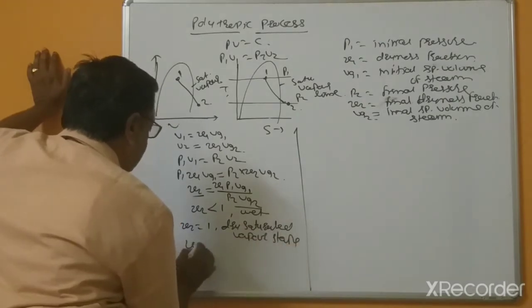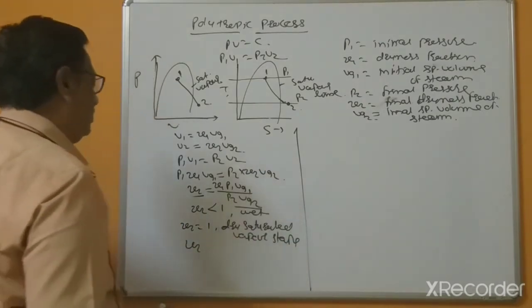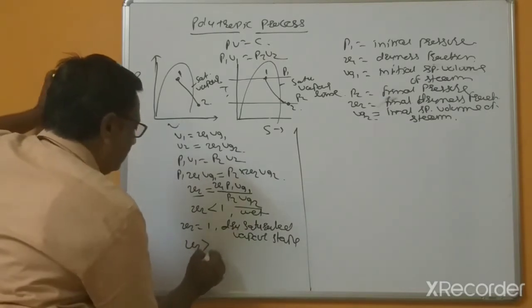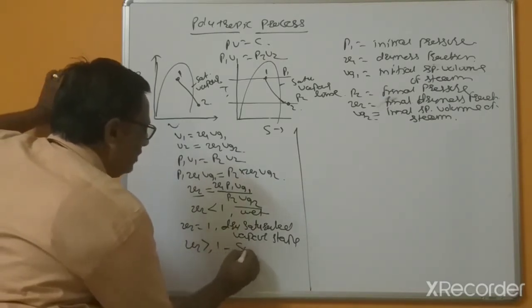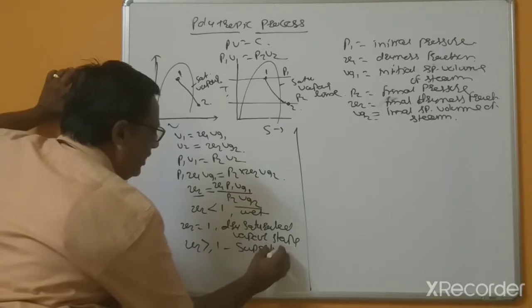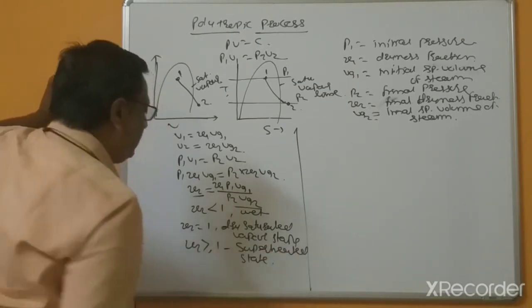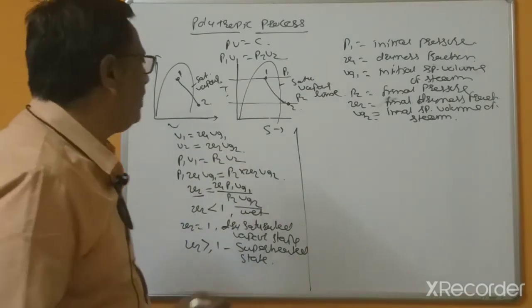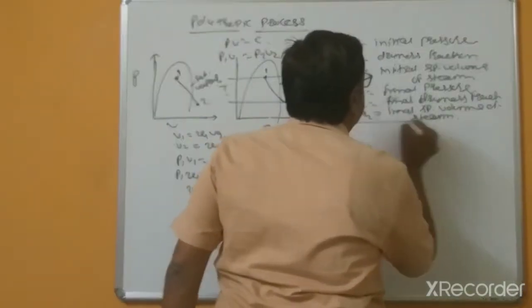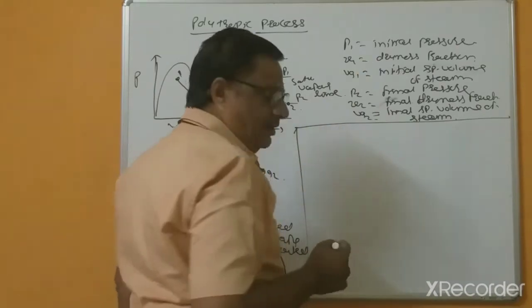And if x2 is greater than 1, it is in the superheated state. So when it is in the superheated state, we use the formula.